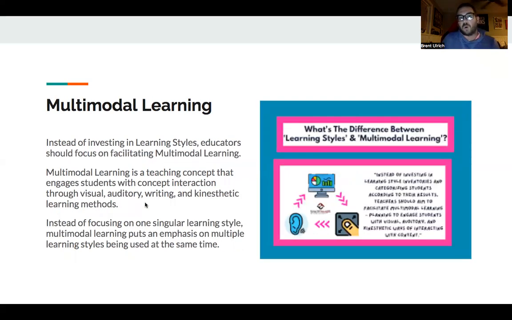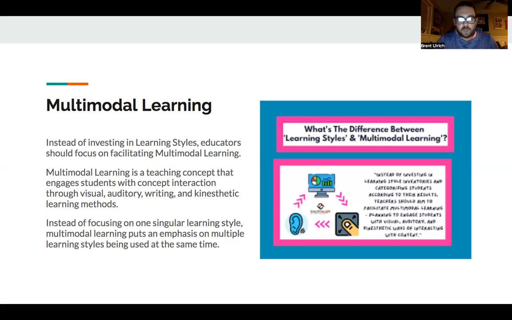So let's get into multimodal learning. Instead of investing in learning styles, educators should focus on facilitating multimodal learning. Multimodal learning is a teaching concept that engages students with concept interaction through visual, auditory, writing, and kinesthetic learning methods. So instead of focusing on just one singular learning style, multimodal learning puts an emphasis on multiple learning styles being used at the same time.